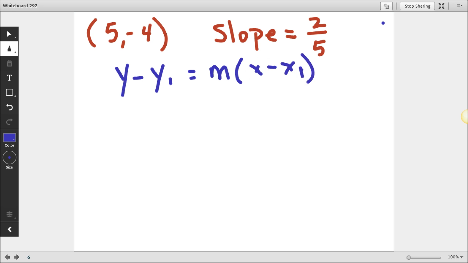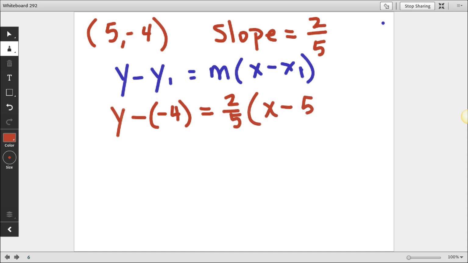That's part of showing your work. I'm going to substitute. I've got y minus, well, y1 is -4. So again, watch what I do. I've got a -4 in parentheses. My slope is 2/5. Then I've got x minus 5.